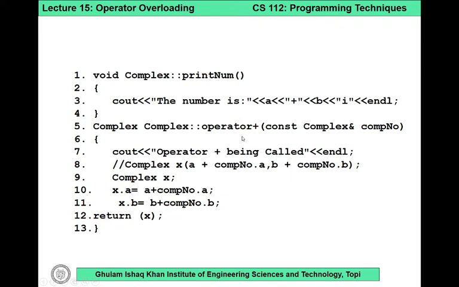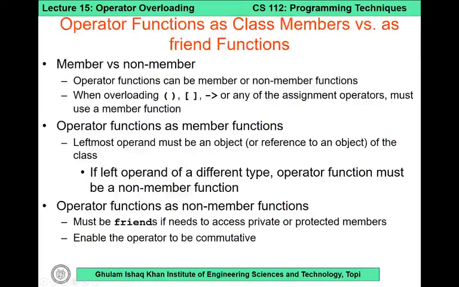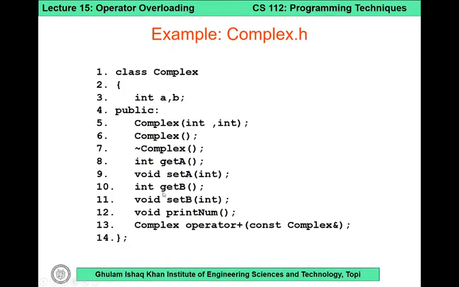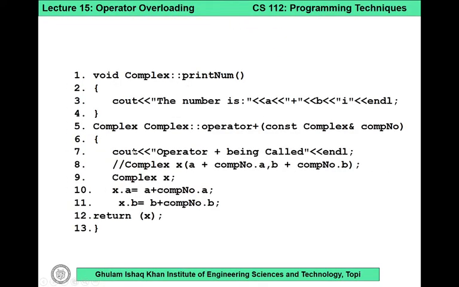Then this is the operator overloading function, which is defined of course outside the class, outside the header file of the class. So this first one is the return type of this function. Now this thing is the name of the class, and this thing is the scope resolution operator, and the rest is very simple, which you know.